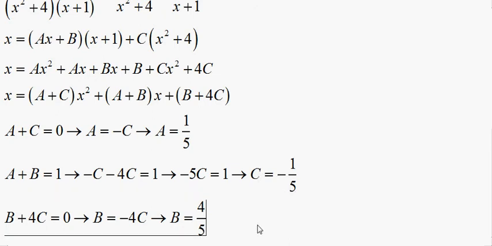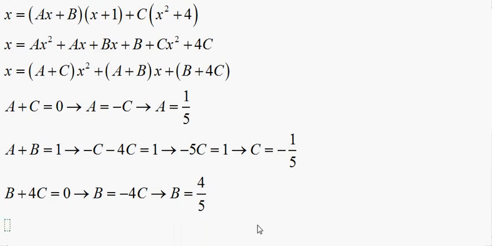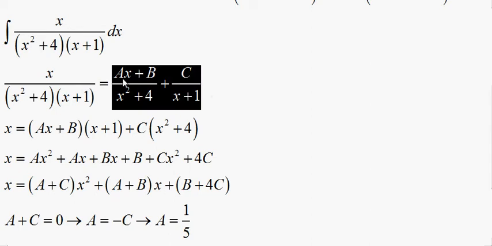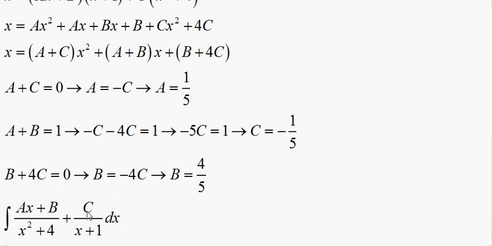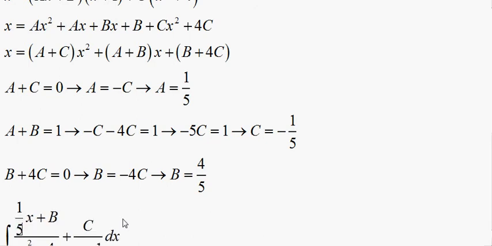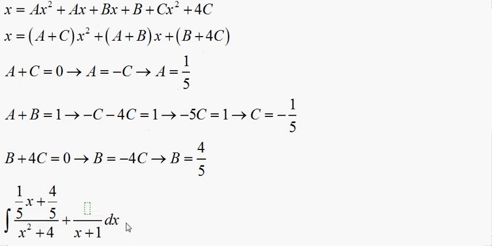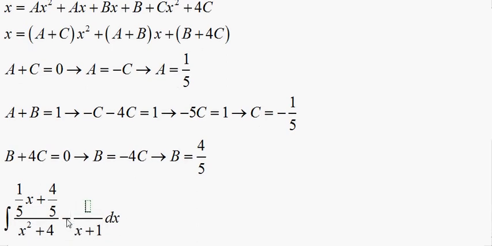We have A, B, and C now, and we're going to plug that back into our partial fraction decomposition, back into the integral dx. Let's see, our A was 1/5, our B was 4/5, and our C was negative 1/5.